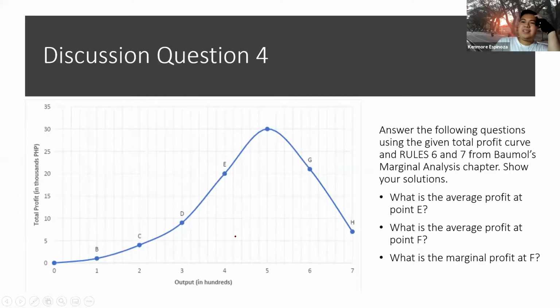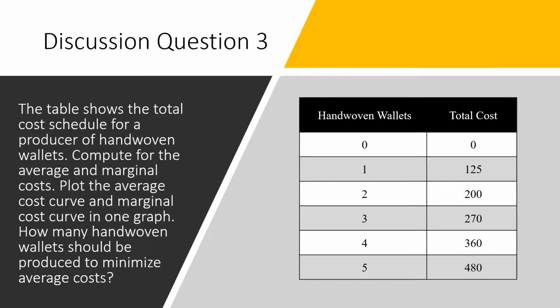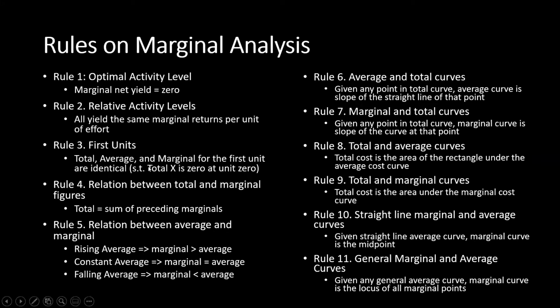Answer the following questions. What is the average profit at point E? Sir, I have a clarification on the previous question. Okay, go. In your table of average costs, for the first row, it isn't 0, it should be a dash, since 0 over 0 is undefined. Here, a dash is what's written.